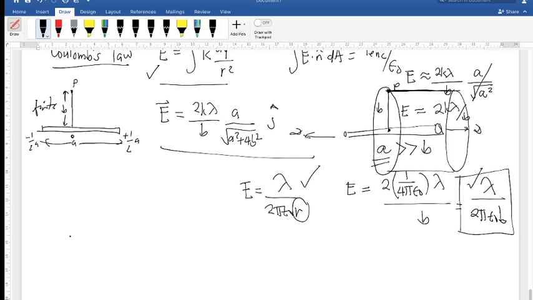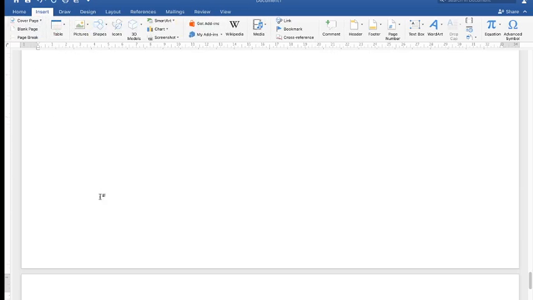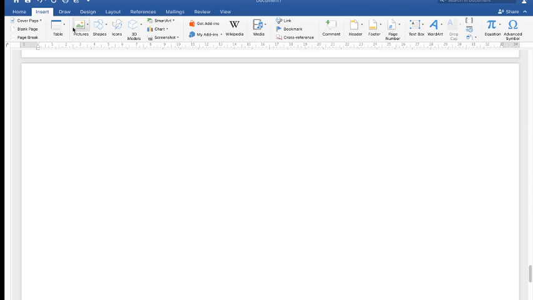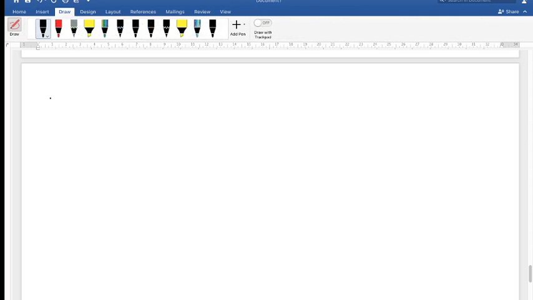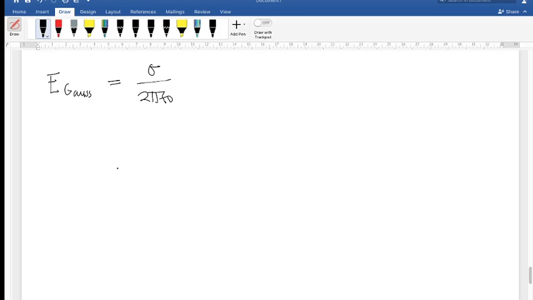So how about the charge sheet? Remember, we have the expression from Gauss's law. As you recall, E from Gauss's law for the charge sheet is sigma over 2 epsilon sub naught. One of the charge distributions that we calculated with Coulomb's law is a thin circular disk.